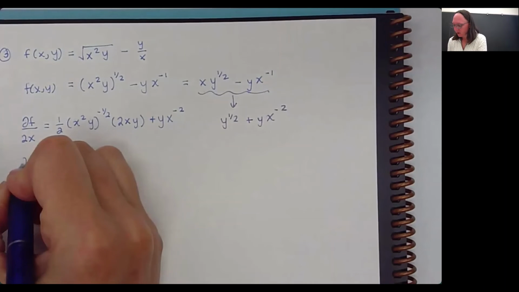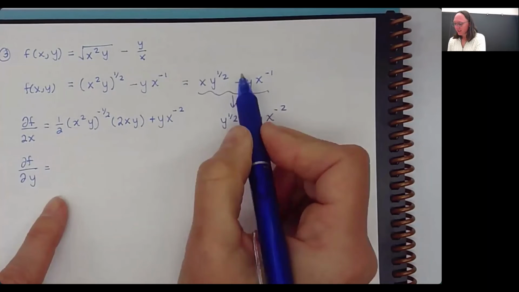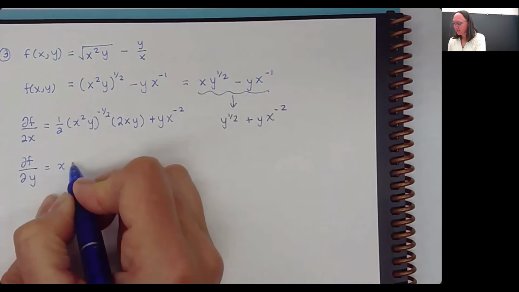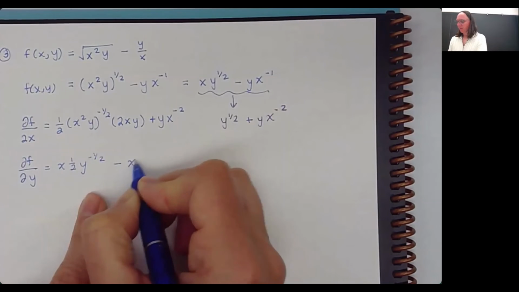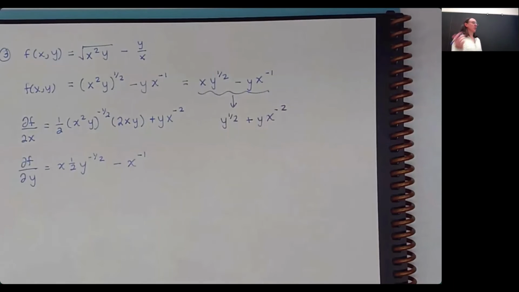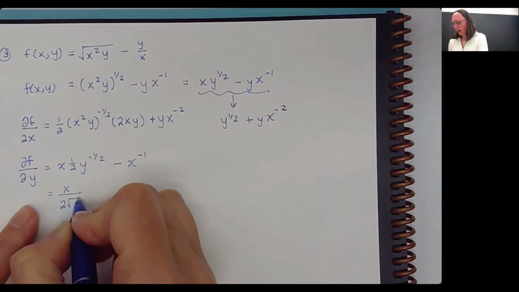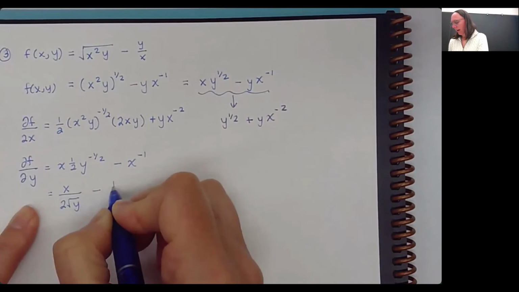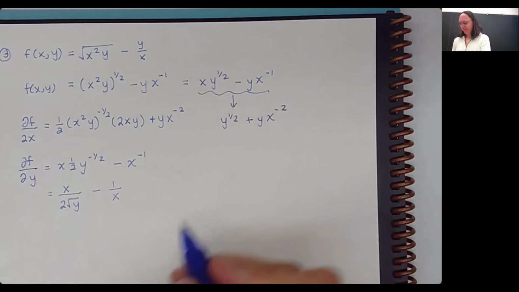So when I take the partial of f with respect to y, I'll use this version. So I'm going to have x times 1/2 y to the negative 1/2 minus x to the negative 1. And obviously both of those you can rewrite if you wanted to. I could make that x over 2 root y. I could make that 1 over x. Lots of options for how to rewrite.